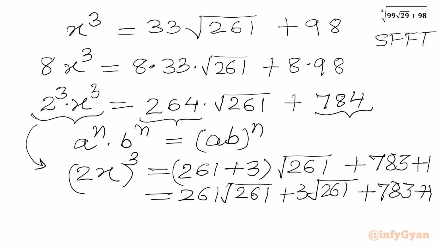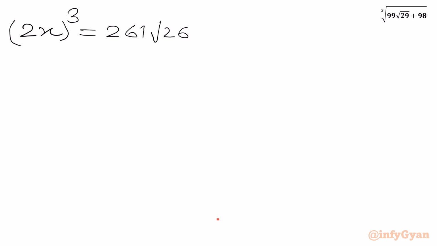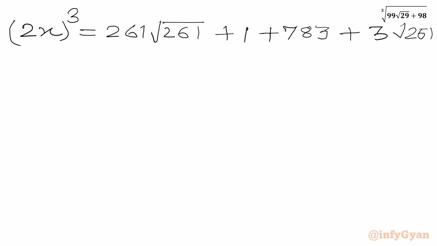Let me write this equation here. 2x whole cube equal to 261 square root 261. Then we will write 1. Then we will write 783. And then we can write the remaining 3 times square root 261.